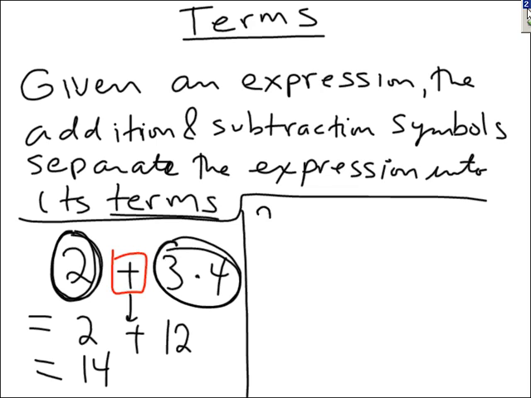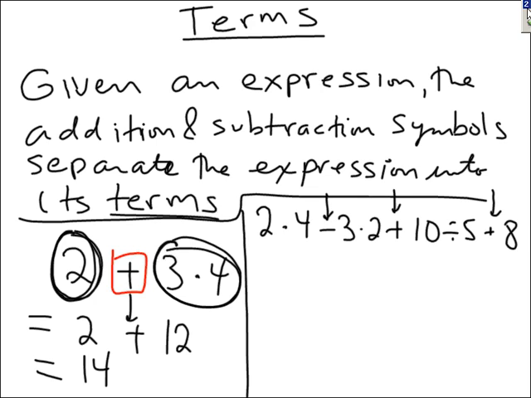If you had 2 times 4 minus 3 times 2 plus 10 divided by 5 plus 8, first, identify the terms. They're separated by the addition and subtraction symbols and nothing else. Not multiplication, not division, not powers.